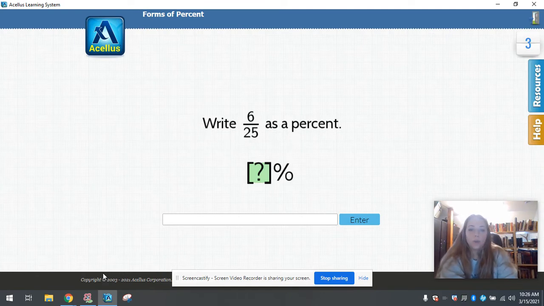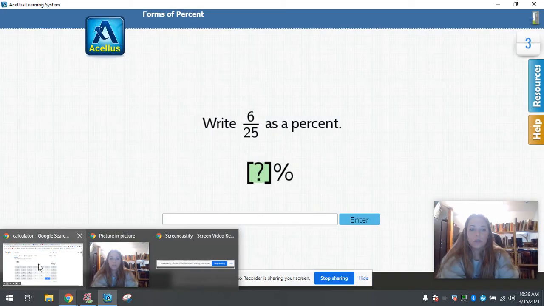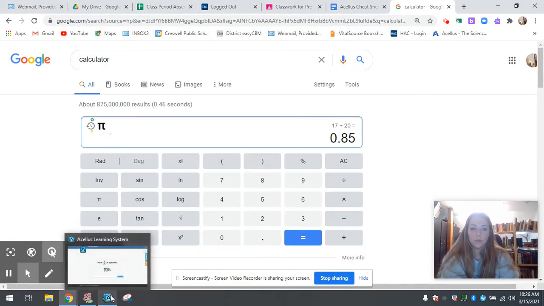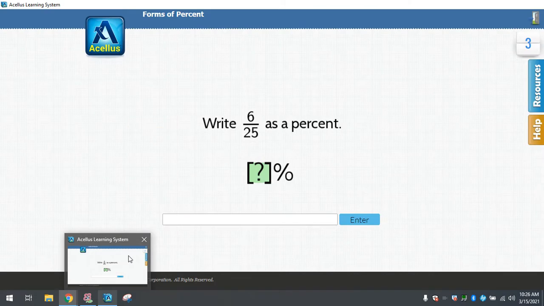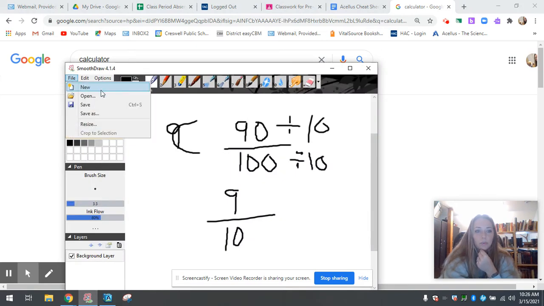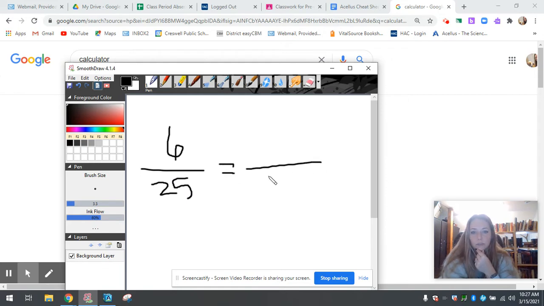Write 6/25 as a percent. What I'm going to do is turn it into a decimal, and then turn it into a percent, because it's just easier for me to go from decimals to percents than fractions to percents. I suppose I can do it both ways. If I have 6/25, we can put this fraction into higher terms.